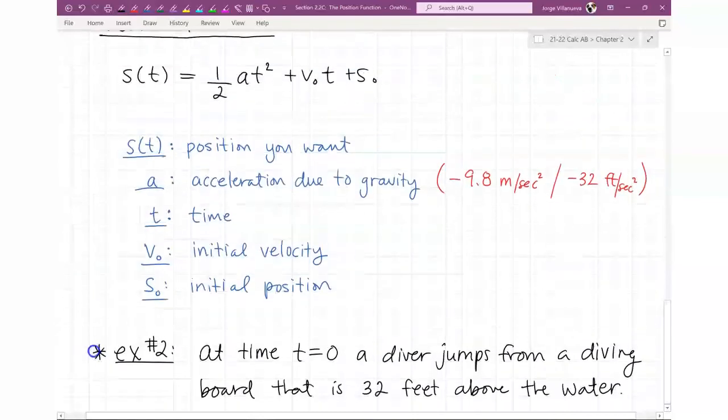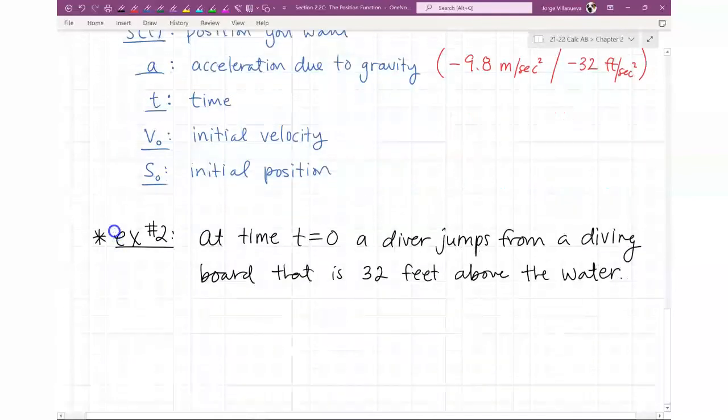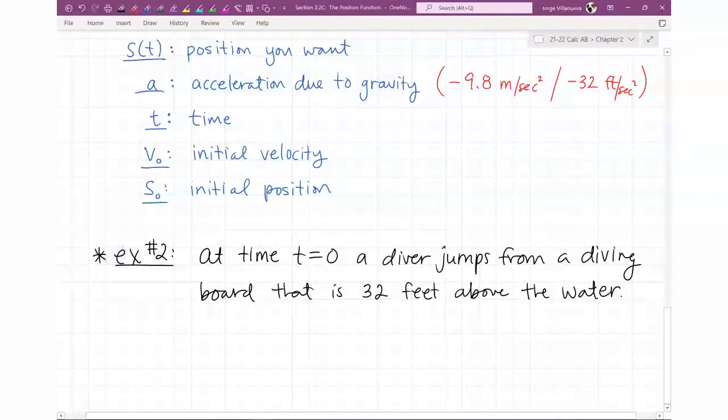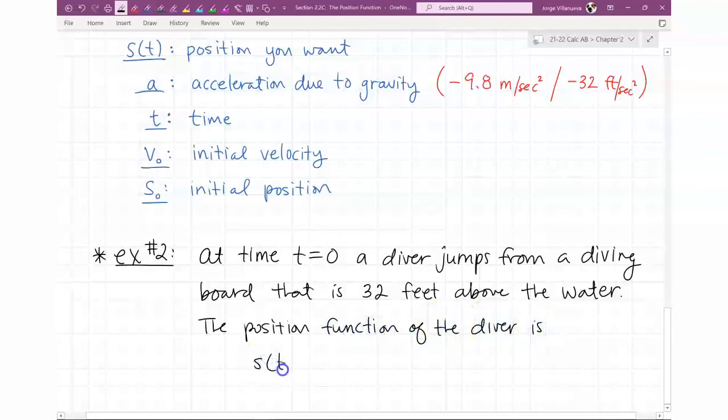Now I'll rewrite this equation. Don't worry, we'll get it all back up there. The position function of the diver is S of t equals negative 16t squared plus 16t plus 32.